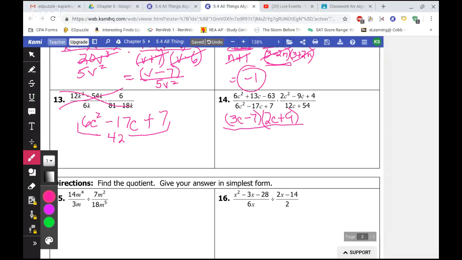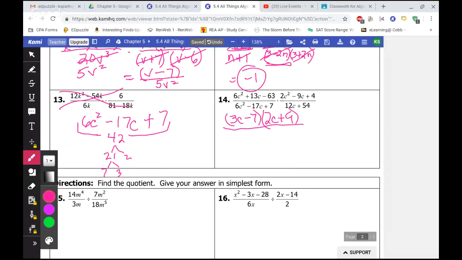Then I'm going to factor that 42 to give me something that multiplies to 42, and when I combine them, it's going to give me 17. So I'm going to start with 21 and 2, and then that factors to 7 and 3.